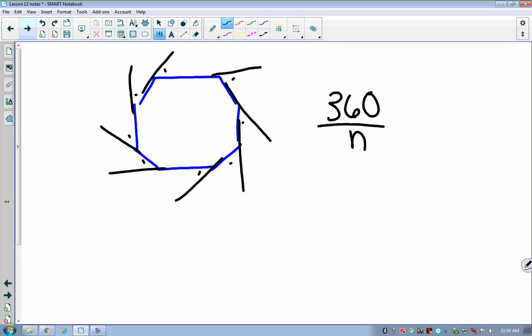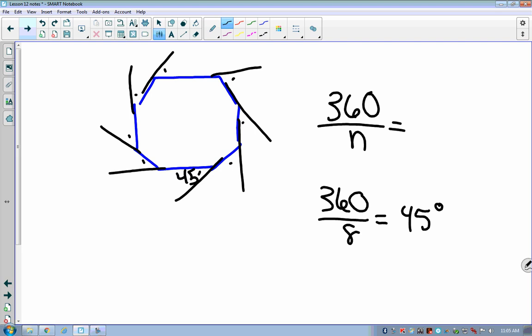And that's going to tell me what each angle is. What's 360 divided by 8? 45 degrees. So each turn that I make on a regular octagon, I am turning 45 degrees to keep on the street. Does this make sense?